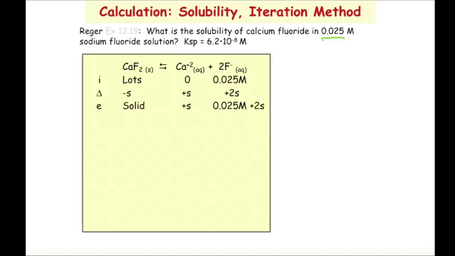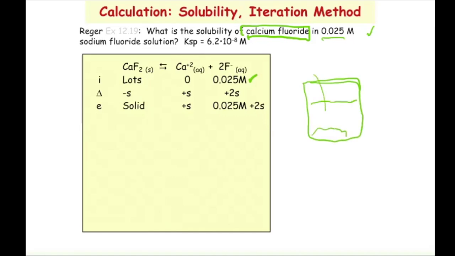So here we have this right here. We have 0.025. That's basically the concentration that you have. Let me sort of draw a picture for you so you can see what's going on. In here, you're putting some calcium fluoride.